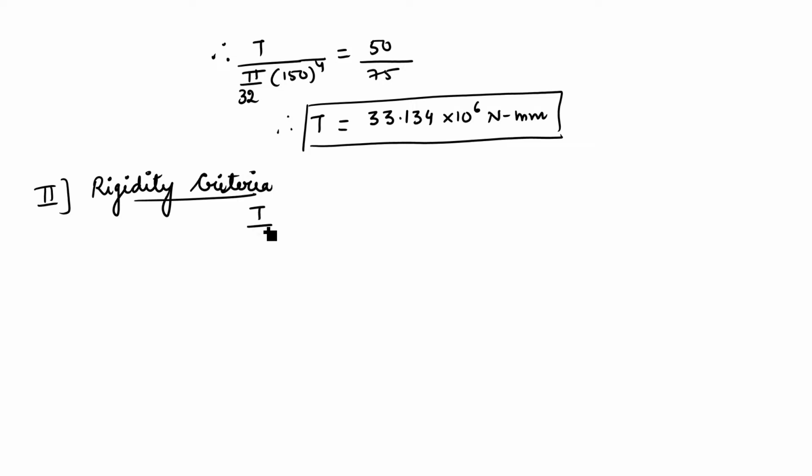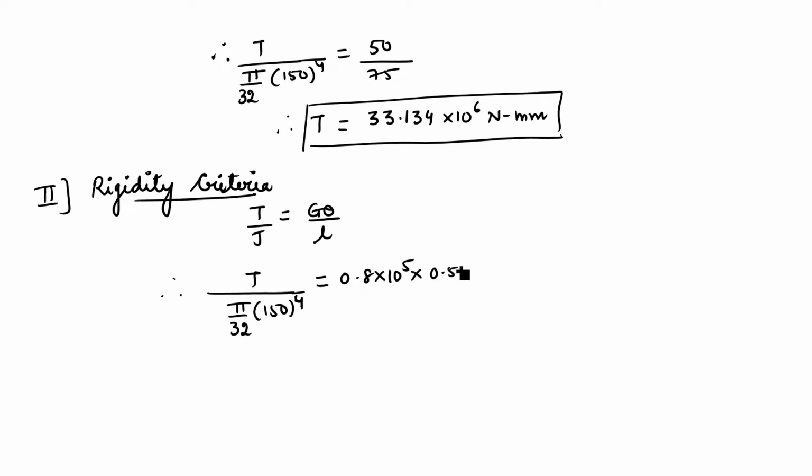Here we know the formula T by J is equal to G theta by L. Therefore, T upon pi by 32 into 150 raised to 4 is equal to 0.8 into 10 raised to 5 into theta, which is 0.5 into pi by 180, upon L, which is 1000. When I solve this, I get the value of T as 34.7 into 10 raised to 6 Newton mm.